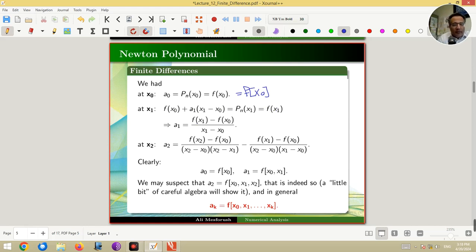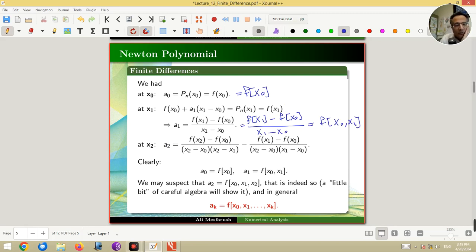And this will be f of x1 minus f of x0 over x1 minus x0. If we write f of x1 minus f of x0 as a zeroth divided difference over x1 minus x0, we can write it as f of x0 and x1.